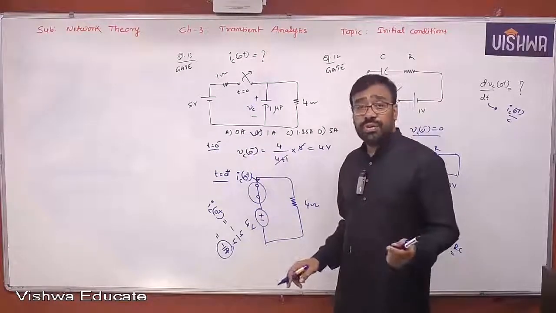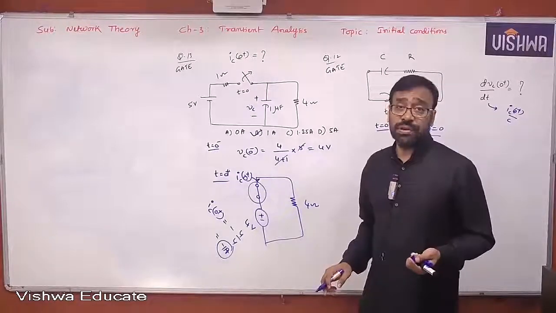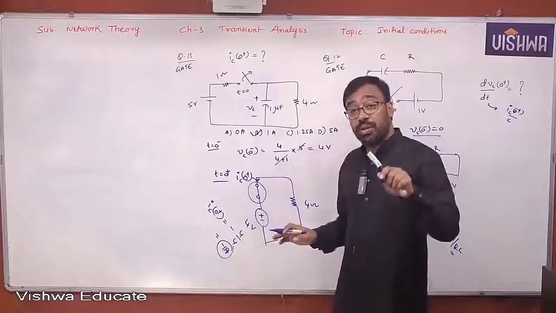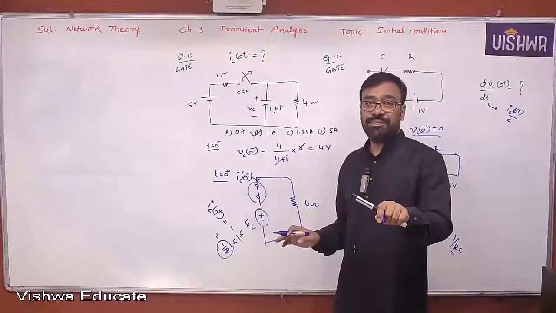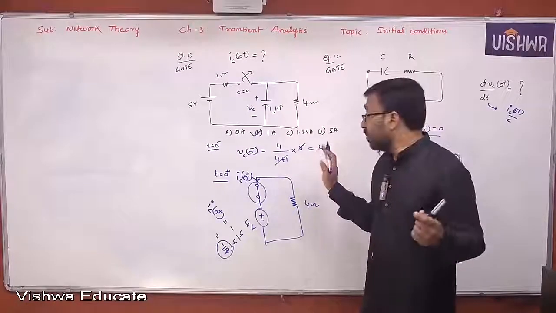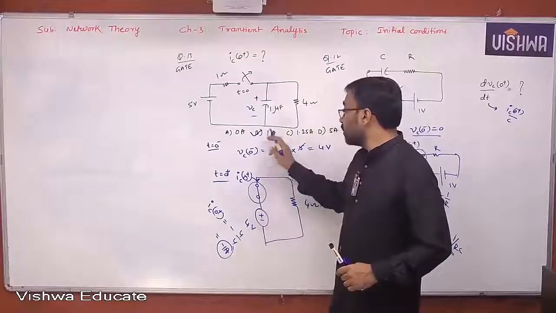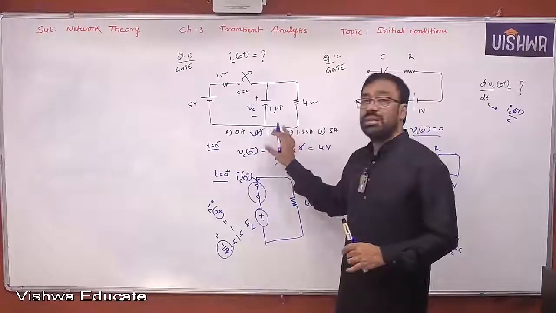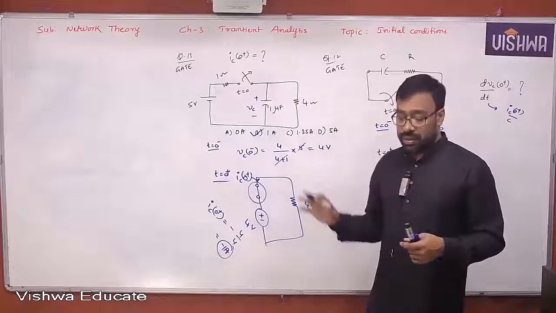Which one do you prefer? Definitely minus 1 ampere you can prefer. Because minus 1 is there, plus 1 is there, that means he is particular about the sign and the direction of the current. But here, no such answer is mentioned. It is given only 1 ampere. Therefore, I am going to choose this one because he is not worrying about the direction. He is worrying about just the magnitude of the current.